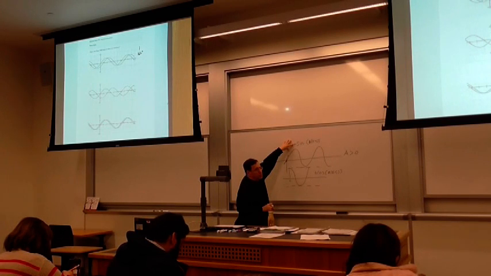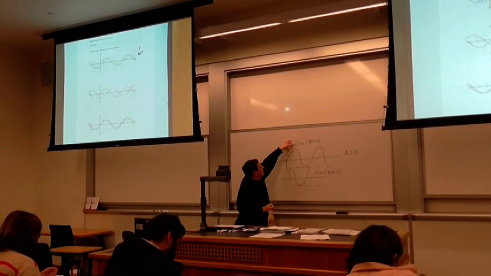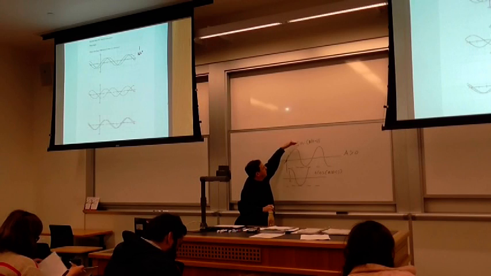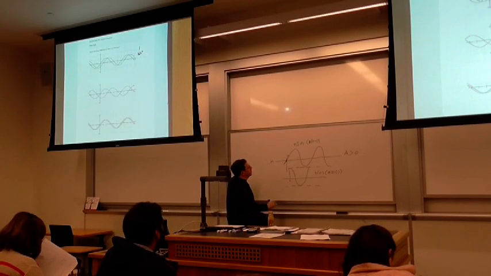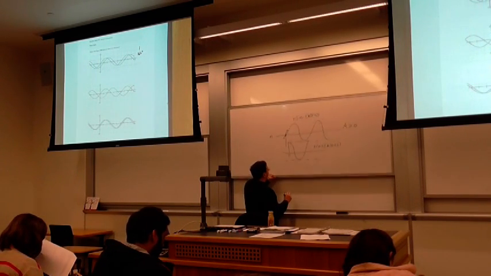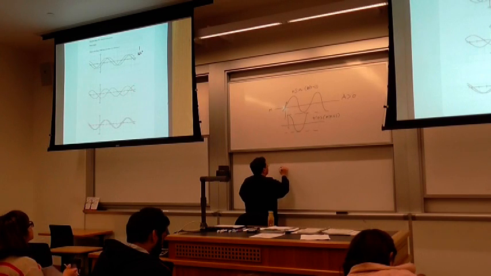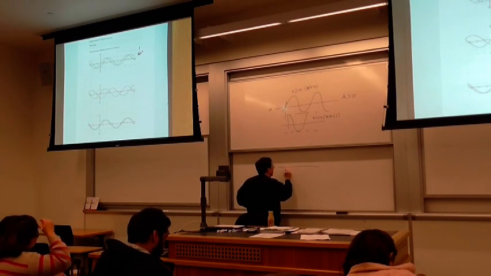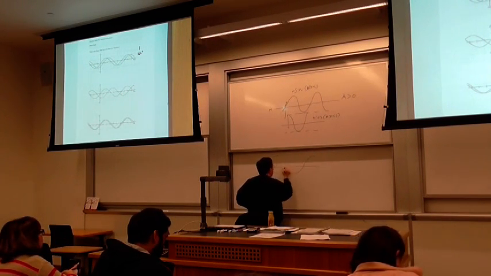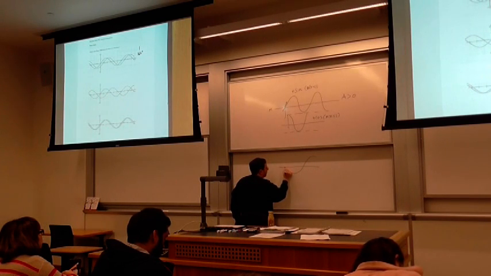But what happens if you have a minus sign in front? What does that look like? It's flipped, right. So in the case of the sine, it would be the point where you're at the midline and you're going down.